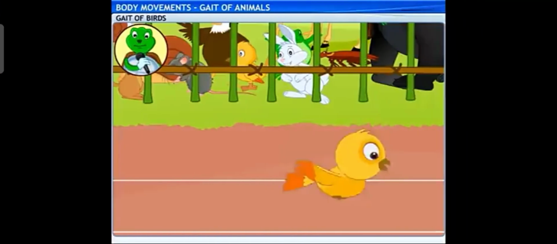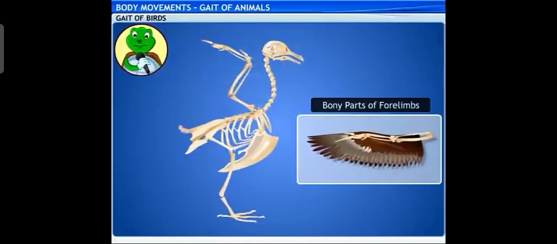Next, we can look at the movement of a bird. How is a bird moving? Through flying. A bird flies by using its wings, isn't it? Yes. So, how is it possible?